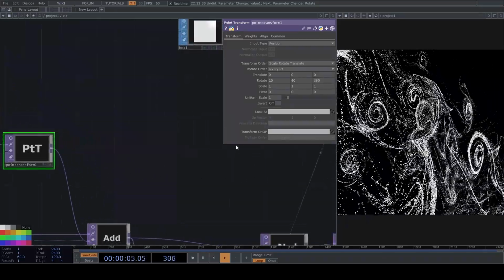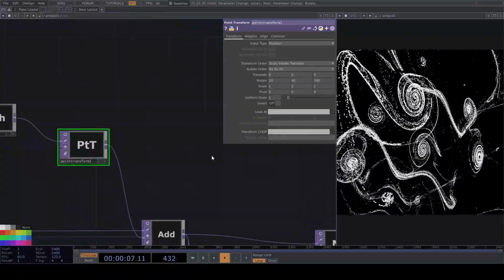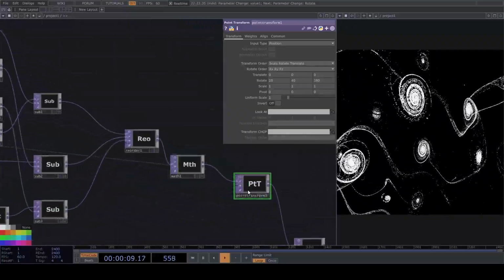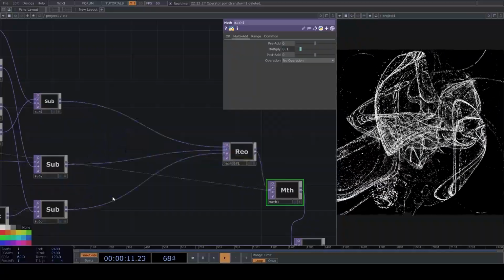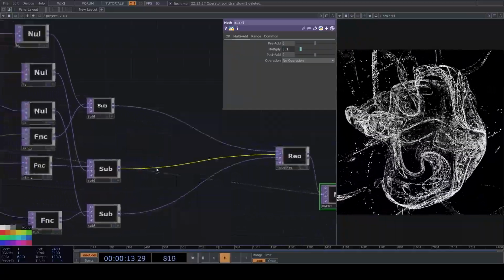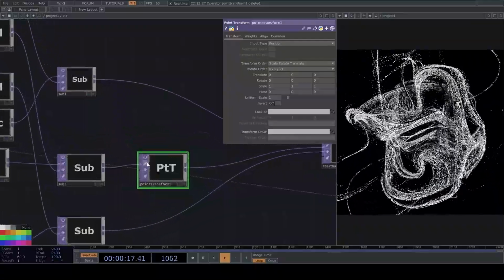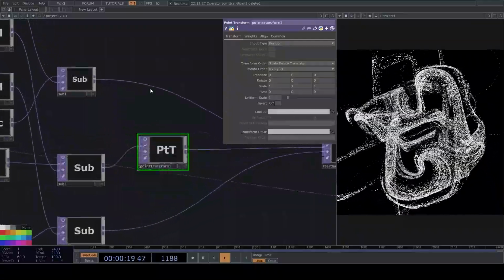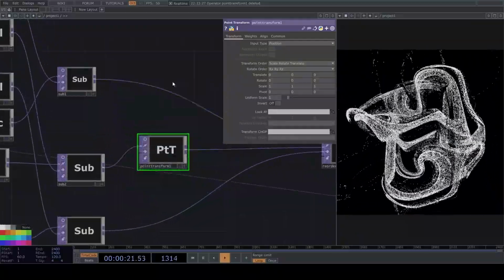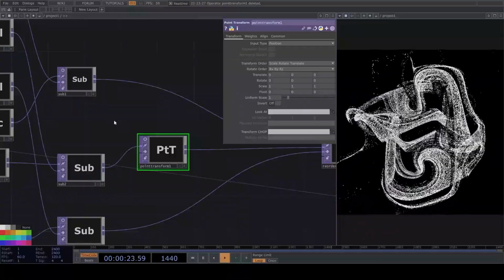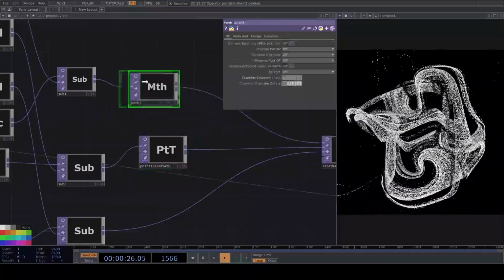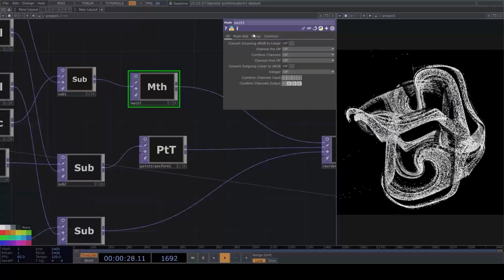It's also pretty easy to do with GLSL TOP, but here you could also rotate each of the components and see how each axis affects the behavior of the whole system.